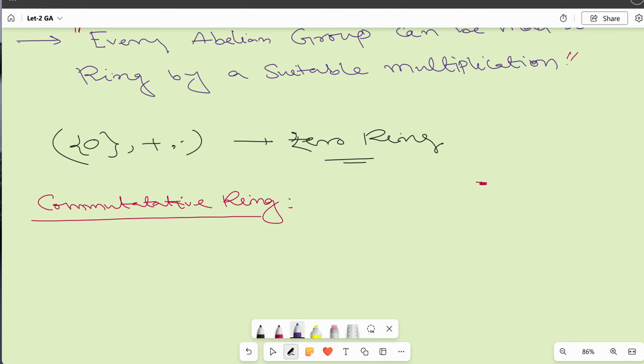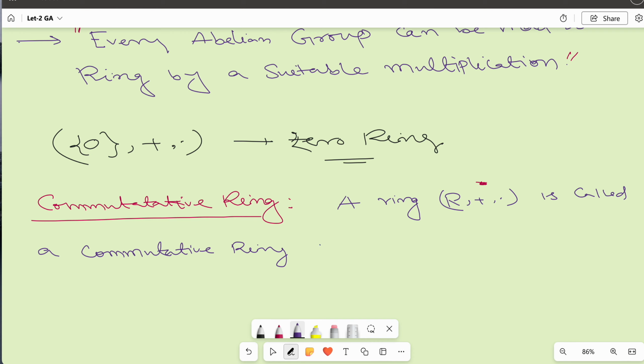So a ring R, plus, dot is called a commutative ring if a dot b, that means the second binary operation, equals b dot a, for every a, b inside the ring R. A ring is called commutative if it is commutative with respect to the second binary operation.